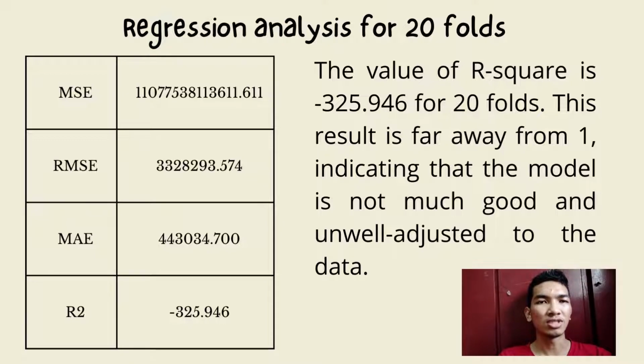All those are obtained by using 20 folds. The value of R square is minus 325.946 for 20 folds. This result is far away from 1, indicating that the model is not very good and not well adjusted to the data.